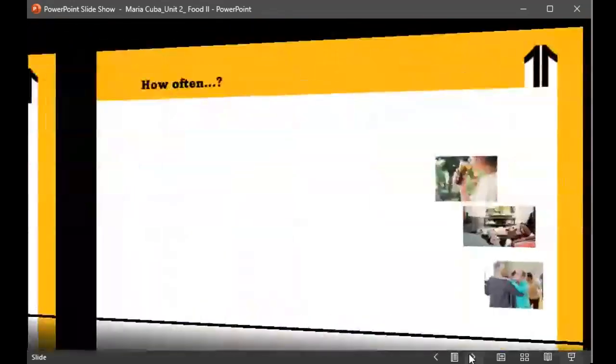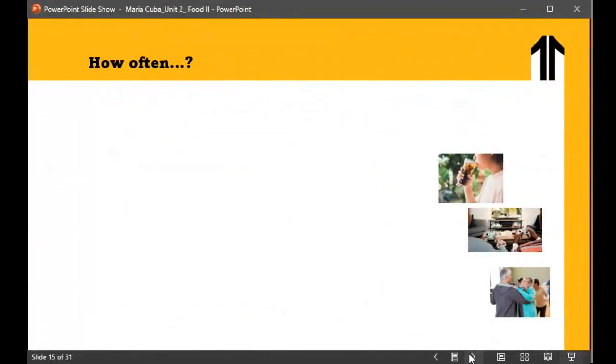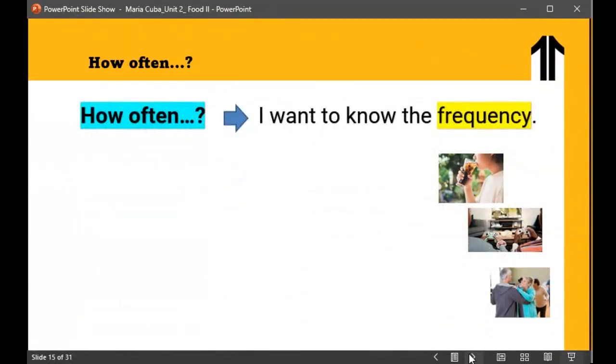Well, we have here some answers, right? And well, when we ask how often, it's because we want to know the frequency of an activity.